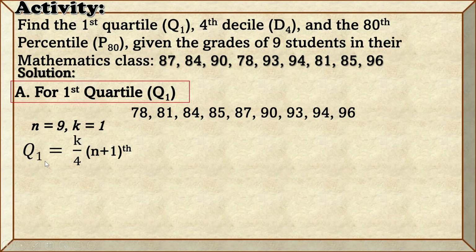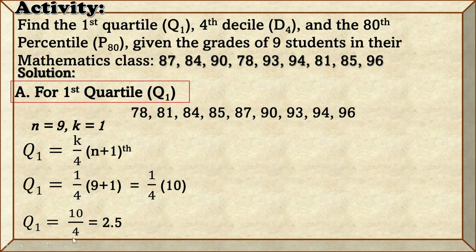So, substitute in the formula we have the position of the first quartile is 1 over 4 times the quantity of 9 plus 1. So we have 1 over 4 times 10. Then 10 over 4 is equal to 2.5.